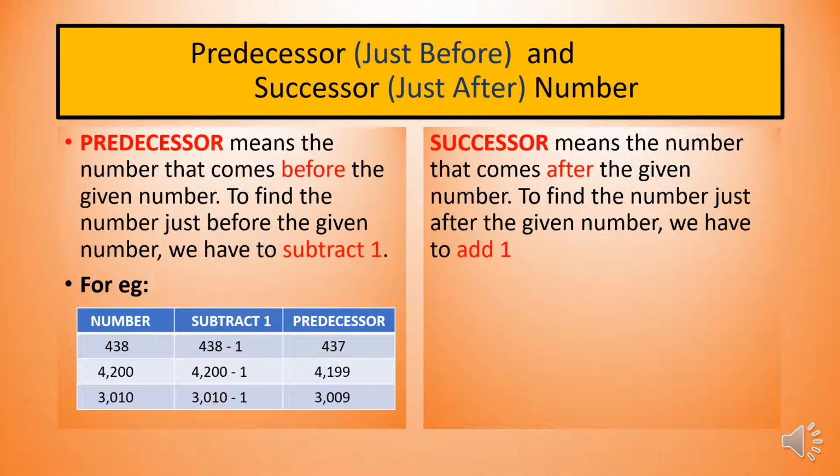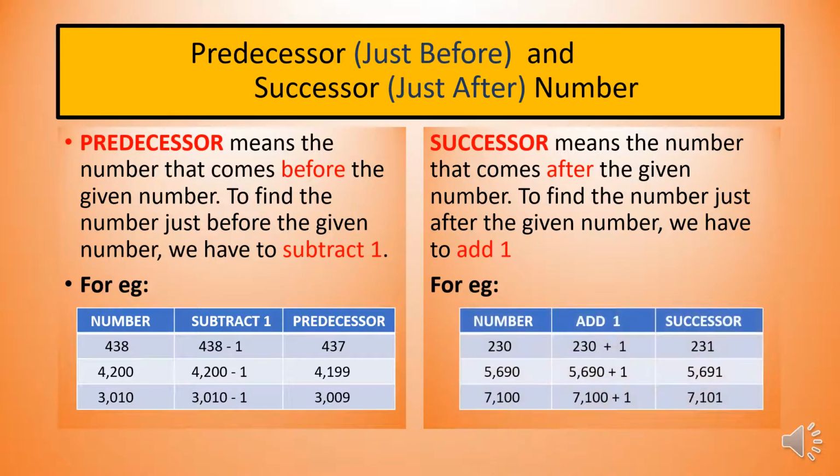Successor means the number that comes after the given number. To find the number just after the given number, we have to add 1. So for example, below there is a box given which has 3 numbers. If you can see in it, to find the successor, we have added 1 to each of the numbers.